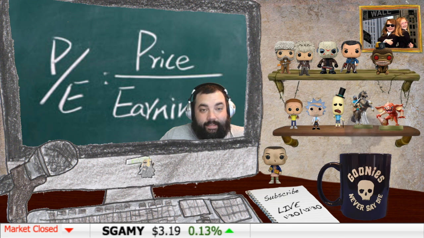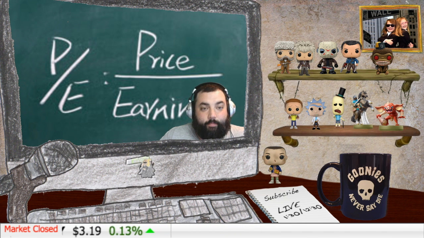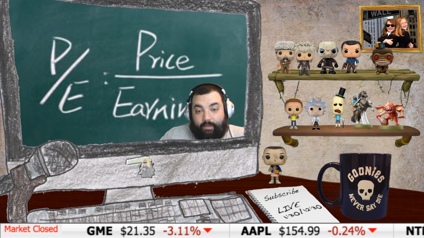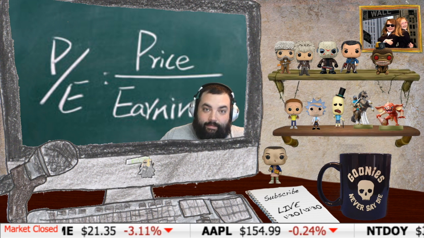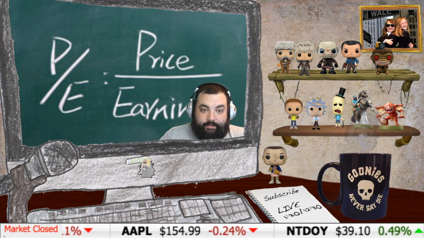It could also mean that people aren't willing to pay a premium for the stock because its future growth prospects aren't there. So you can't make the blanket statement that a PE of 20 or less is cheap. It could mean that there's not a lot of good future prospects as well.